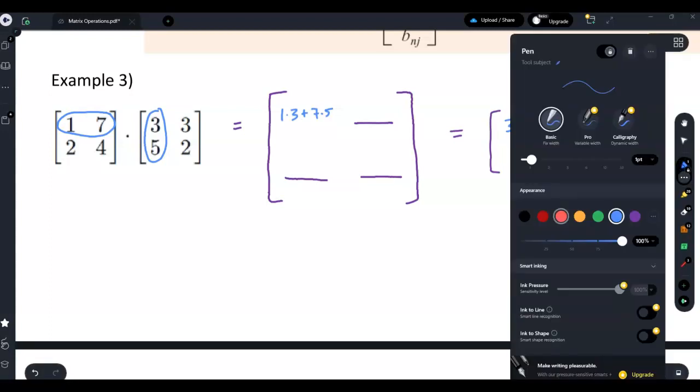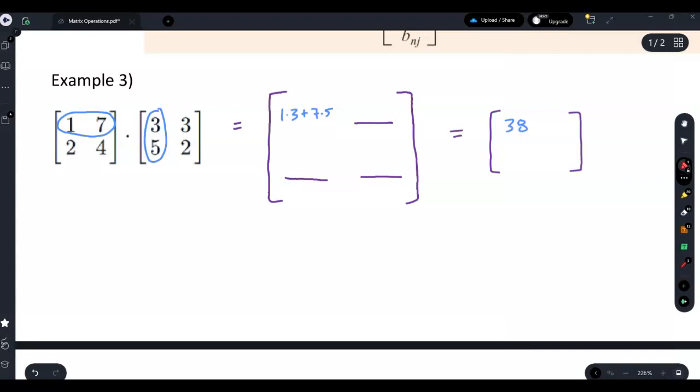You can do this in any order you want. I'm just going to do it row by row. So let's say I want to go on to this spot. Since that is in the first row and second column of my answer, I want to take the first row times the second column. I use my position, what I'm trying to find, to figure out which row and which column to multiply.